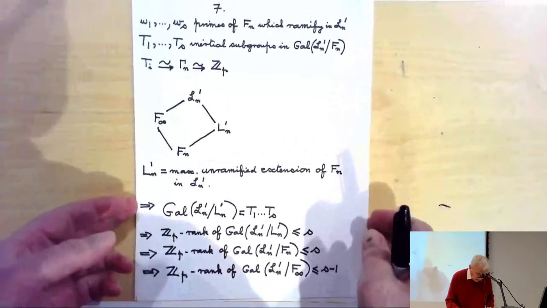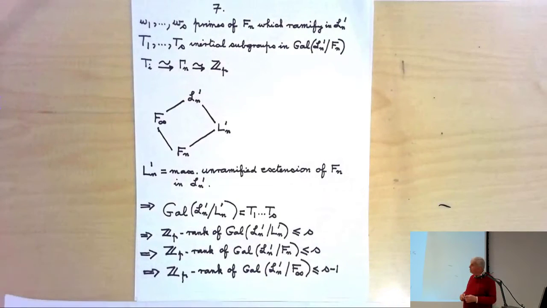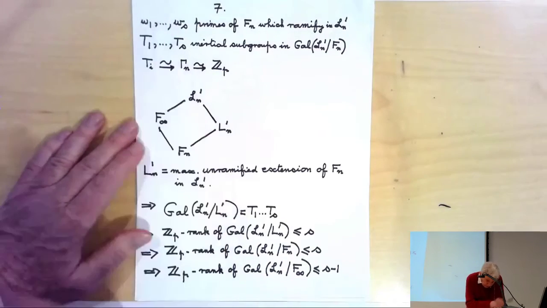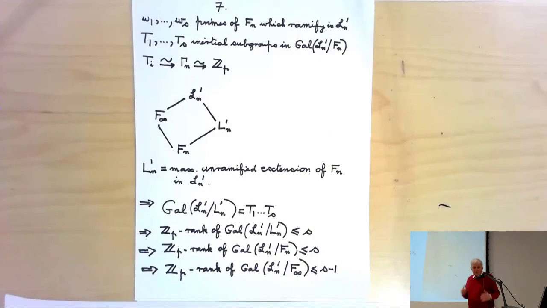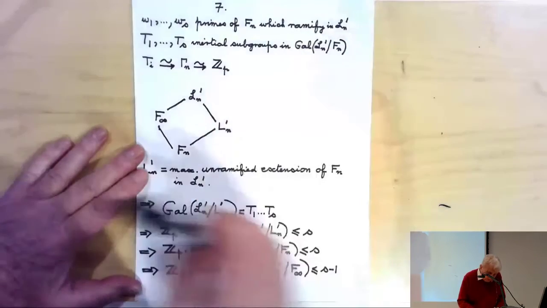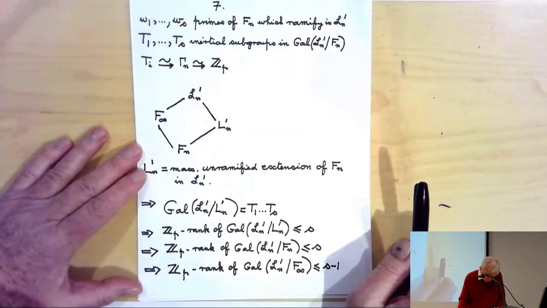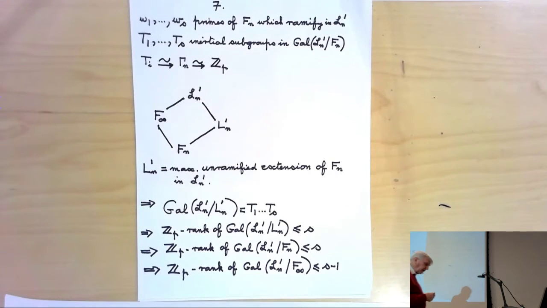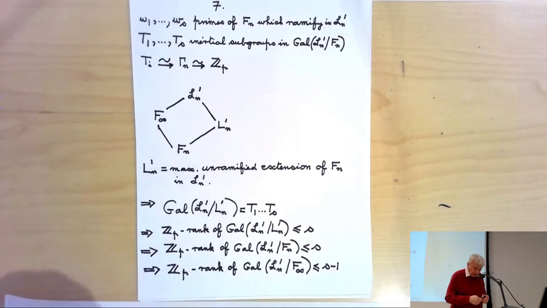We can work out the ramification, so let's spell it out further. W1 through Ws will be those primes of Fn which ramify in Ln prime. And you see, because these primes are totally ramified in F infinity, and then they split completely, they're unramified after that, and the Galois group of F infinity over Fn is isomorphic to Zp.